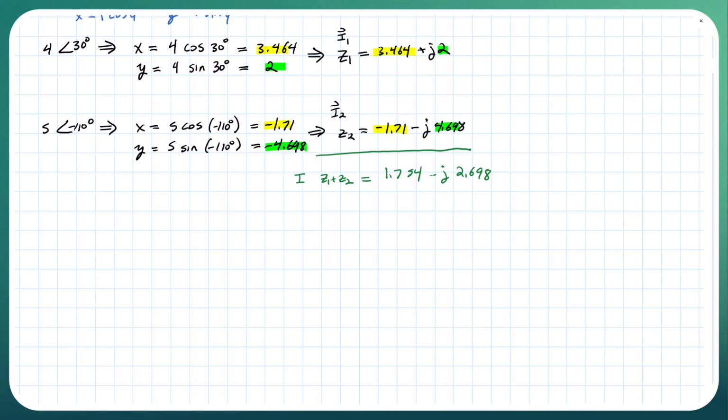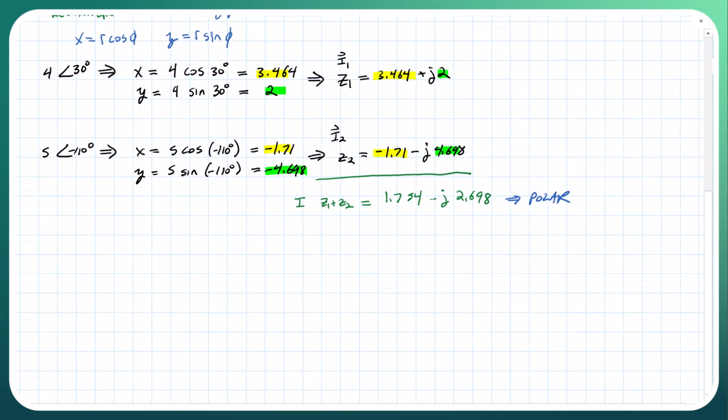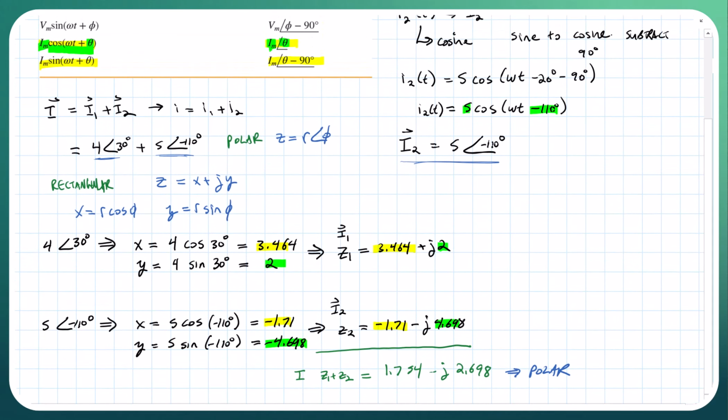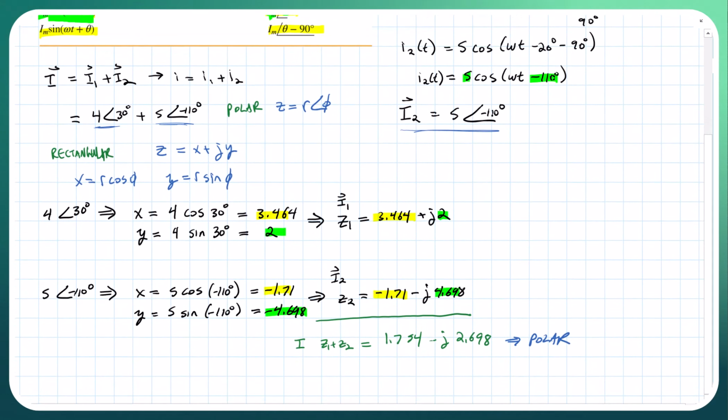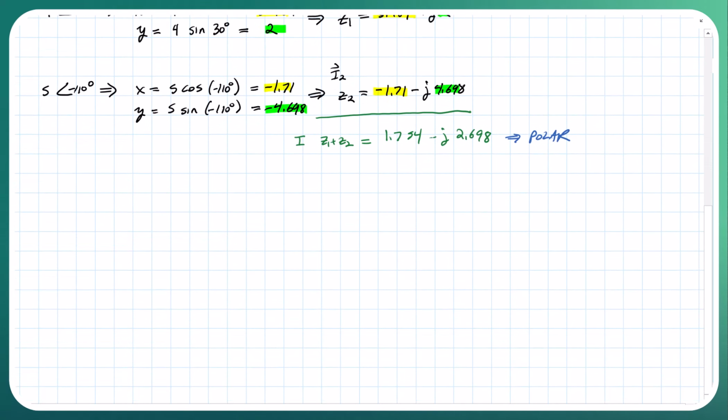So from here, we want to go back to polar format. Okay, and to do that, let me go ahead and write it. To go from rectangular to polar, I'm going to use r equals the square root of x squared plus y squared, and our angle phi is going to be the tangent inverse of y over x.